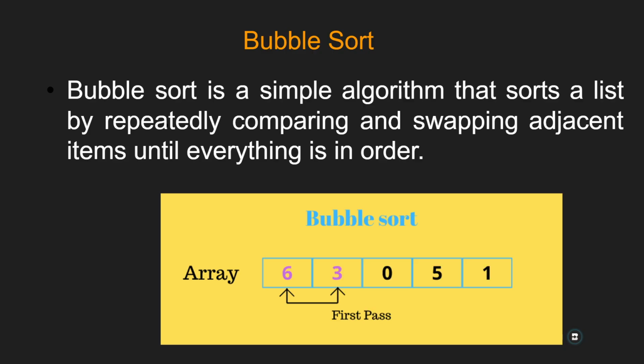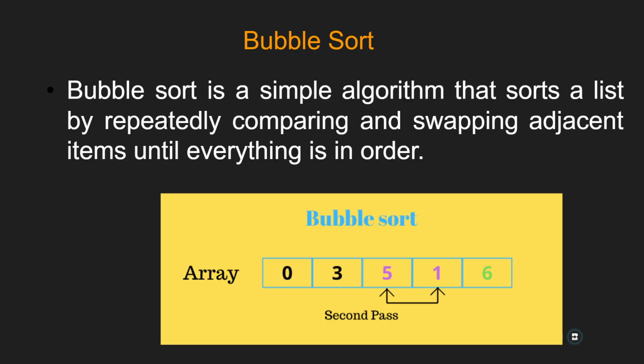Okay. So simply, Python bubble sort is a simple algorithm. It sorts a list by repeatedly comparing and swapping adjacent items until everything is in order. In plain English, it checks pair by pair, comparing their values.